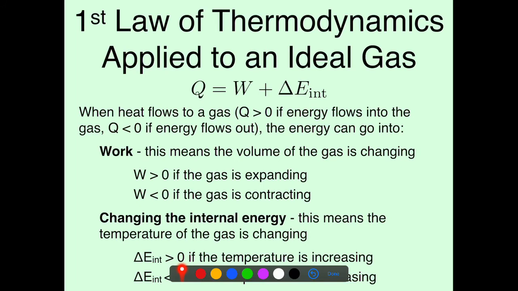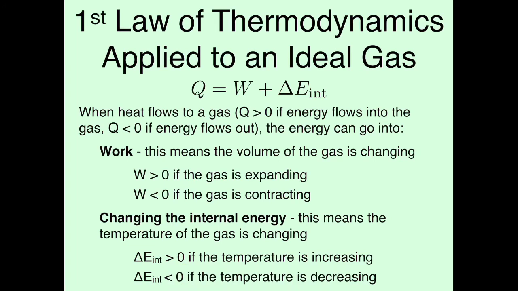So when that happens, that energy can go into one of two places. It can go into work or into changing the internal energy of the gas. So in other words, if you have heat flowing into your gas, that can cause the gas to do some work, or it can cause the internal energy of the gas to change, or maybe both. These are just the two places the heat can go.